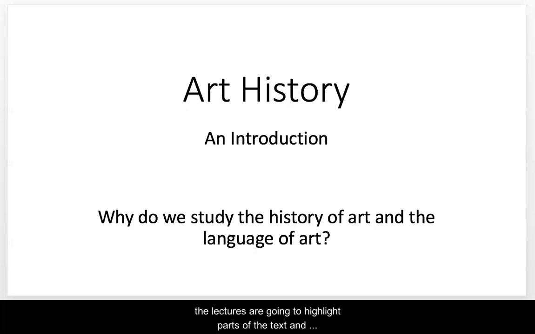And then the lectures are going to highlight parts of the text and even bring in information that the text doesn't necessarily have to give you backstory, help you understand the context of some of the different pieces, and bring in subsequent information from different sources that gives you an idea of it in a further way. So you need to be doing both.